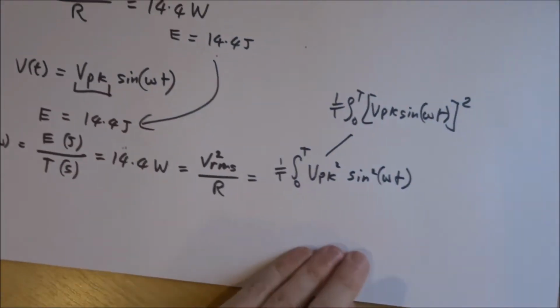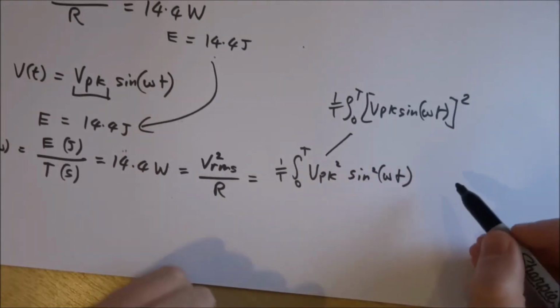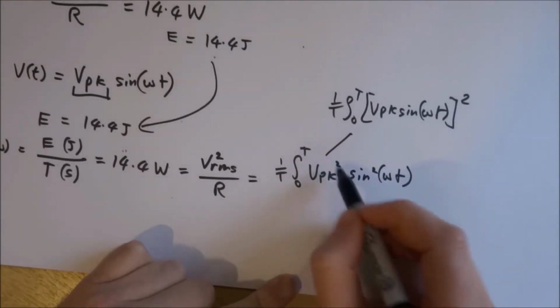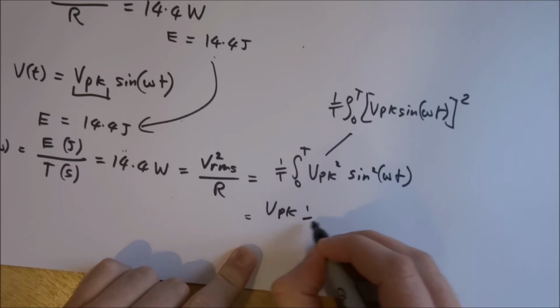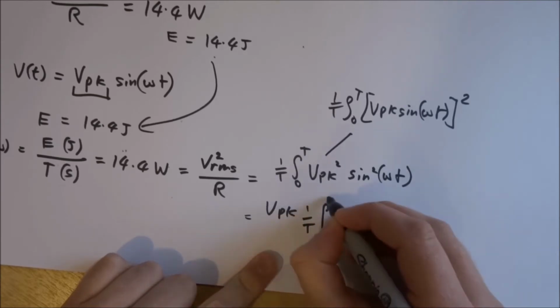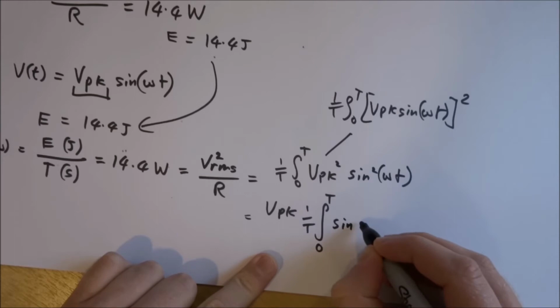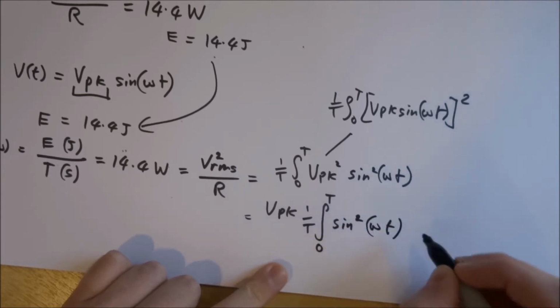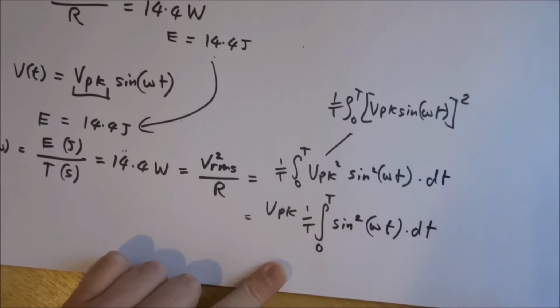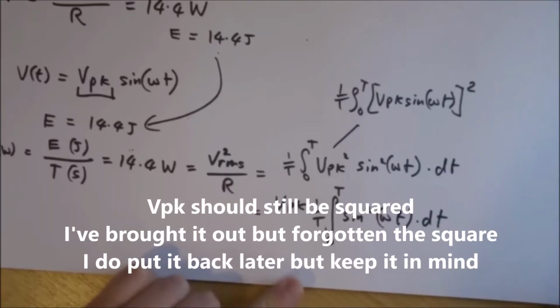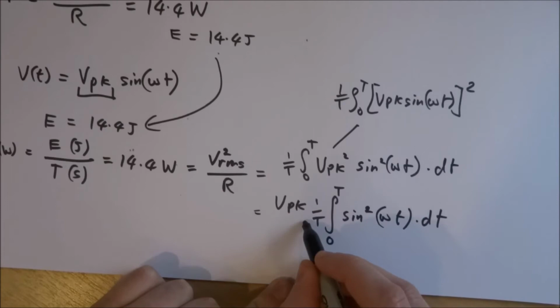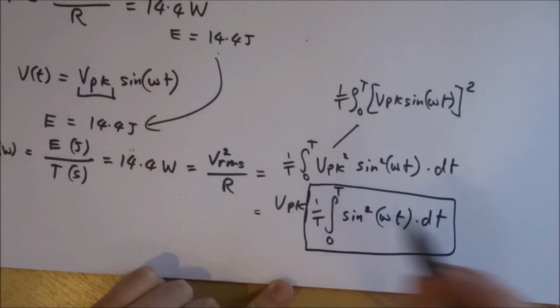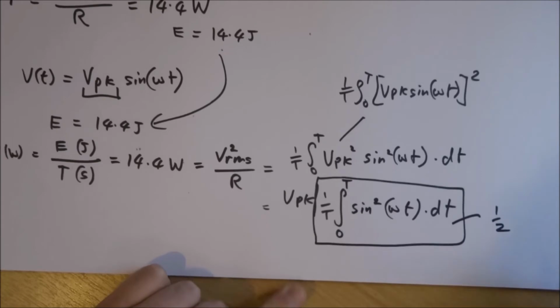So with that in mind, I can bring the V peak outside because it's a constant, and then take the average of the sine squared omega t dt. I forgot to put my dt on there. And that bit here all comes out to a half.